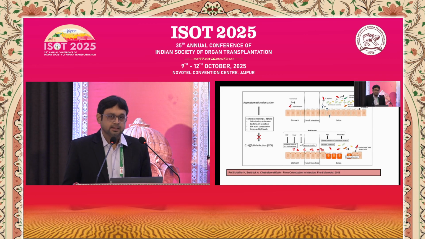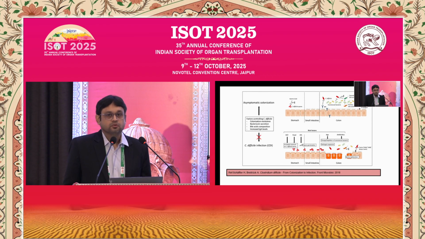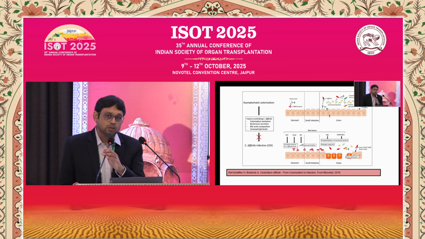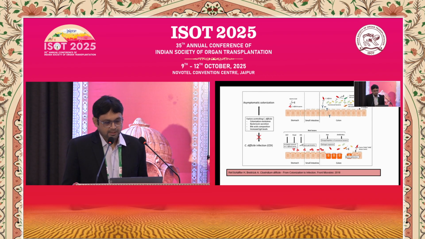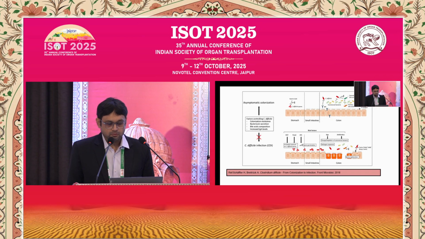The good bacteria in the microbiome usually secrete bacteriocin. The composition of bile acids, how intact the humoral immunity is, that will be an important factor. What are the acid levels of the stomach, because acid can bother C. diff. All these factors work in our favor, which means that they will keep the asymptomatic colonization asymptomatic. They won't let the C. diff progress into active C. diff infection.